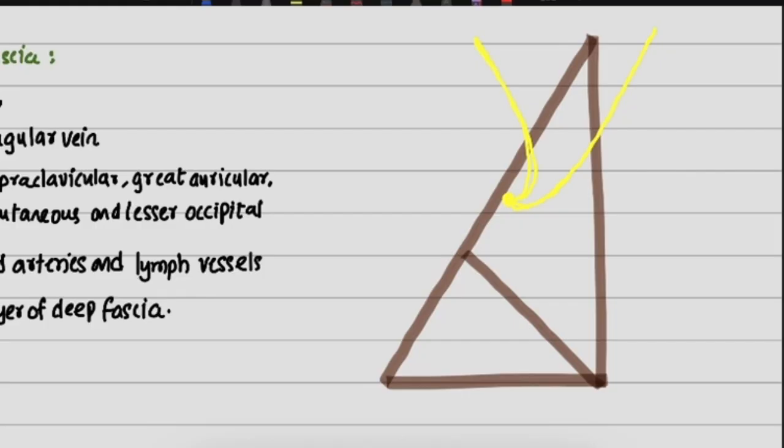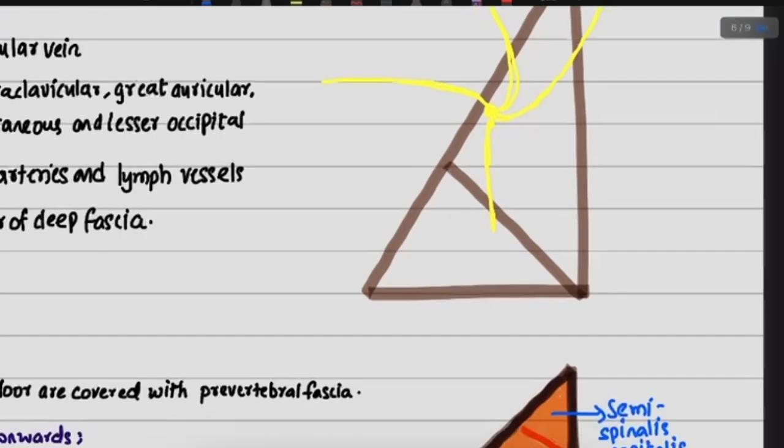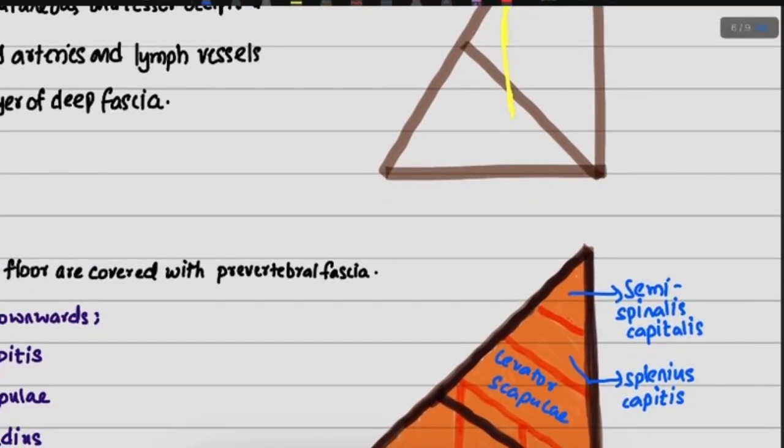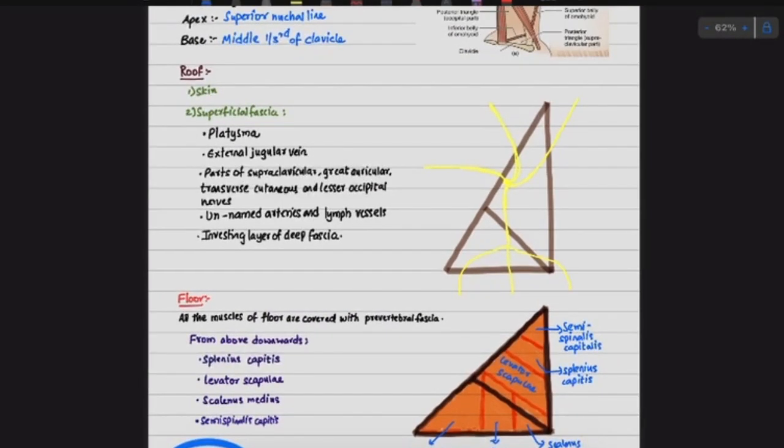Now we have another nerve called the transverse cutaneous nerve of neck. It goes like this. And we have other nerves called the supraclavicular nerves, which emerge like this. So these are the supraclavicular nerves. I think you guys are clear.